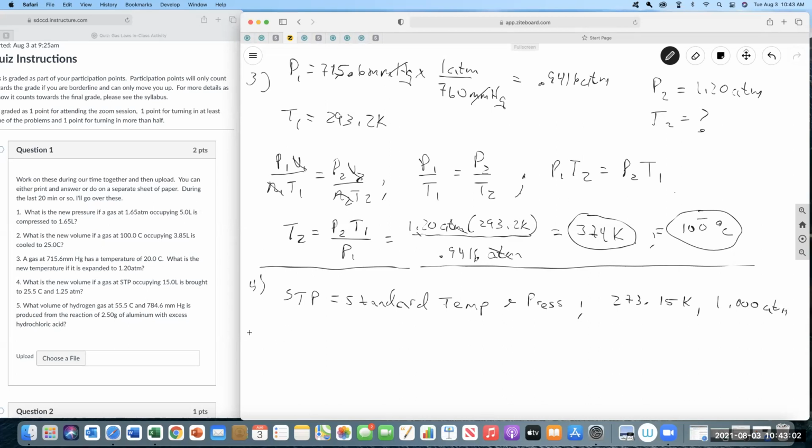So in this case, a gas at STP, P1 is 1 atmosphere. I'm just going to give it an extra bunch of zeros. V1 is 15 liters. T1 is 273.